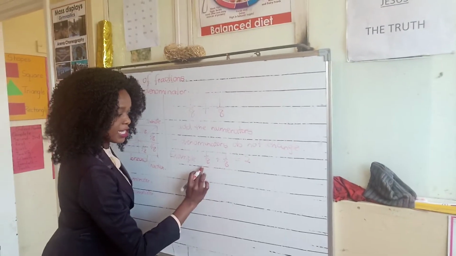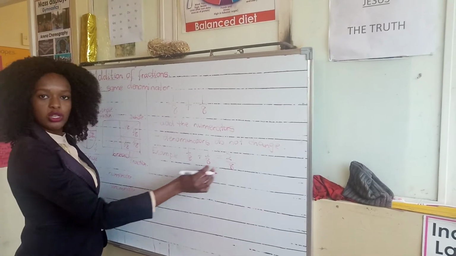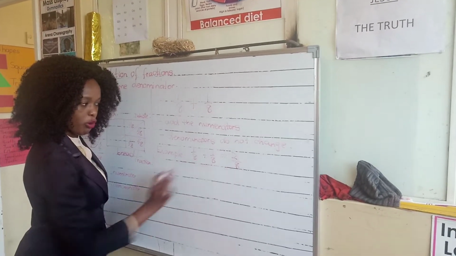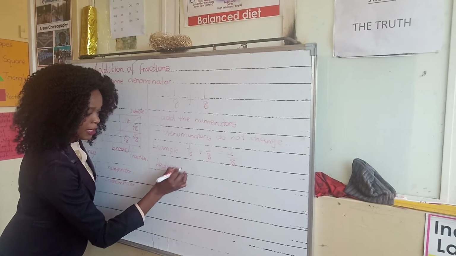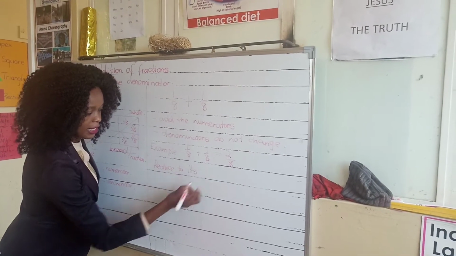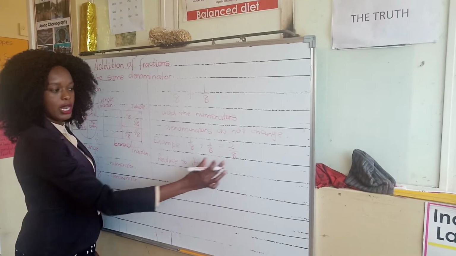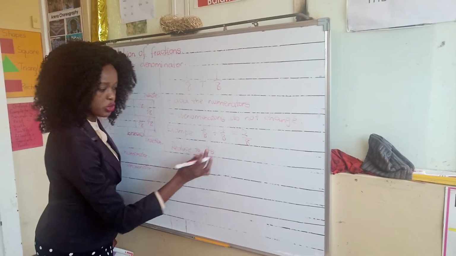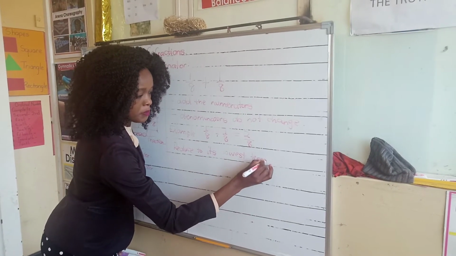These denominators, there's an 8 and an 8 there, which means this one is 2 over 8, or we call it 2 8s. If you get 2 over 8, we reduce to its lowest terms. At grade 6 level, we are not allowed to leave our answer like this. We have to reduce it to its lowest terms.